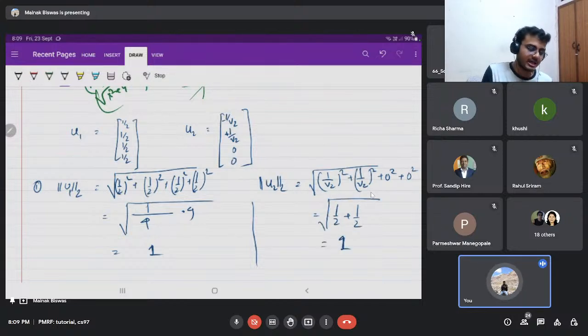So they are unit vectors. Condition 1 is true.